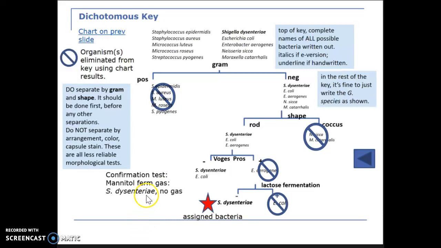And here I'm going to clearly list showing that my last 2 organisms have different results. And if I were to carry it out, I certainly should hope I should find no gas in my mannitol fermentation, right? And so I indicate, let's say I actually did carry it out and I got the result. And this shows me and everybody else that with pretty good confidence, I have Shigella dysenteriae.